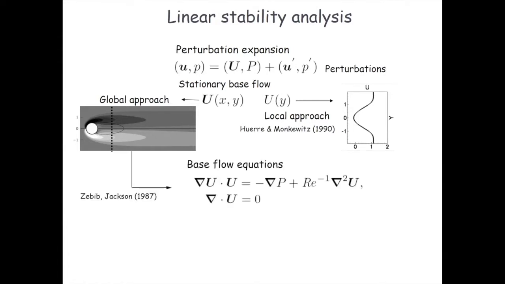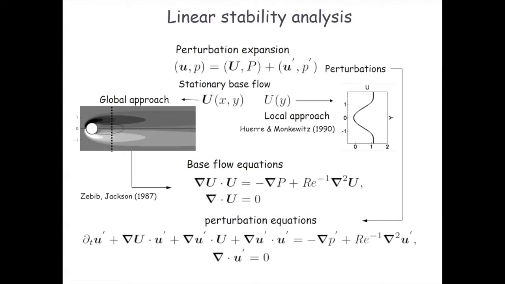So that means that we need first to solve this steady flow, and it is actually a solution of the nonlinear steady Navier-Stokes equations written here. And it also means that if now we look at the perturbation equations, we recognize the advection of the perturbation by the base state and vice versa, and also here a nonlinear term, which in a linearized framework can be neglected.